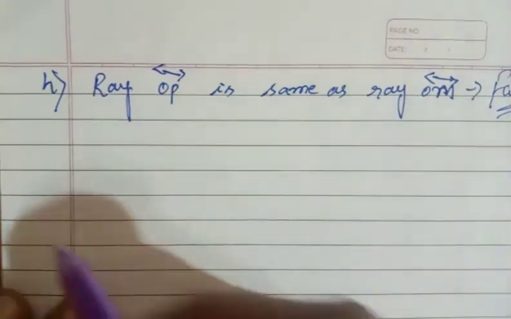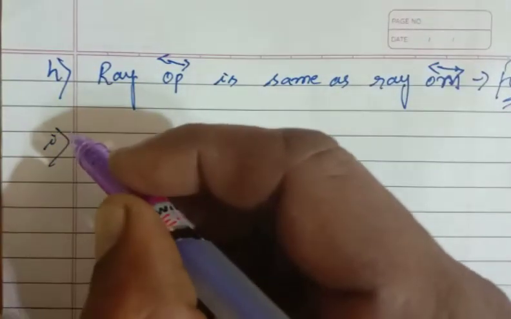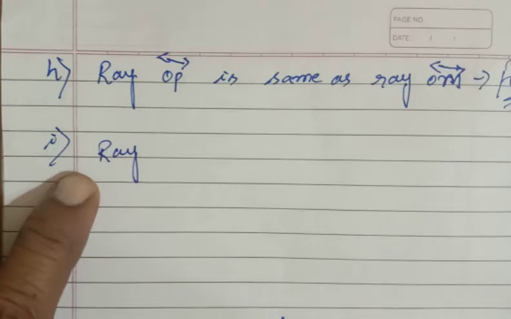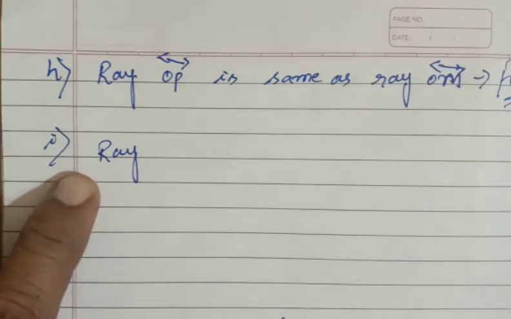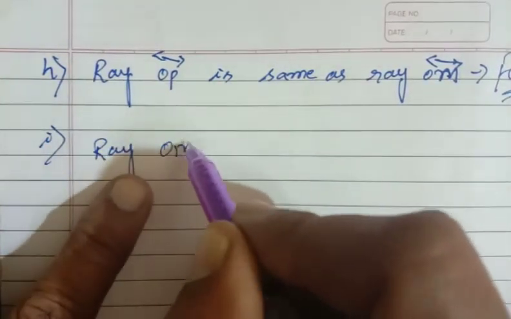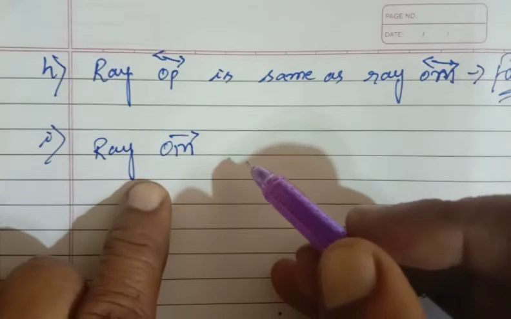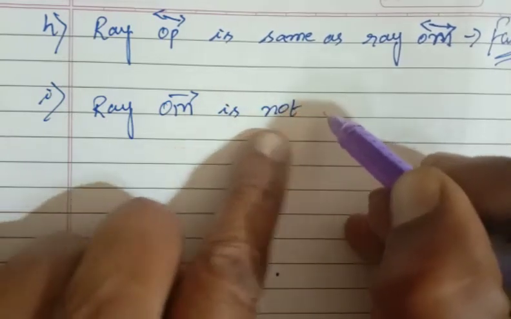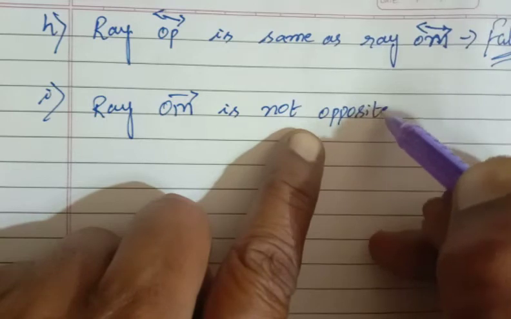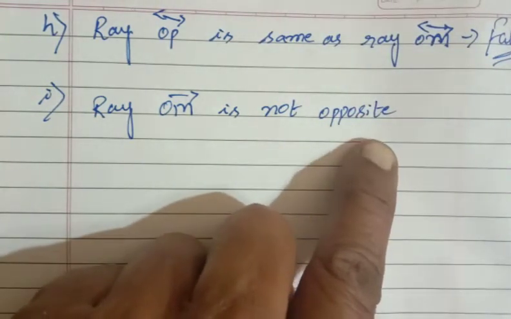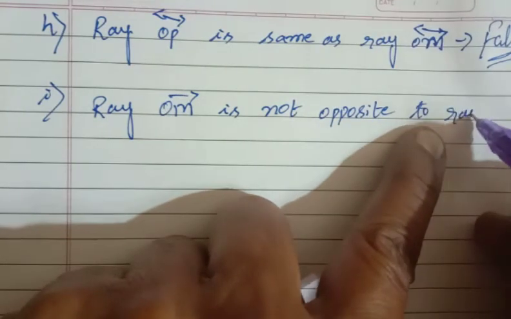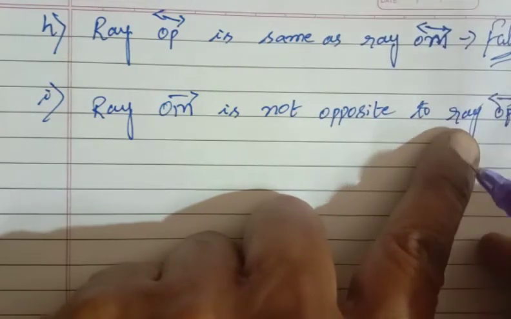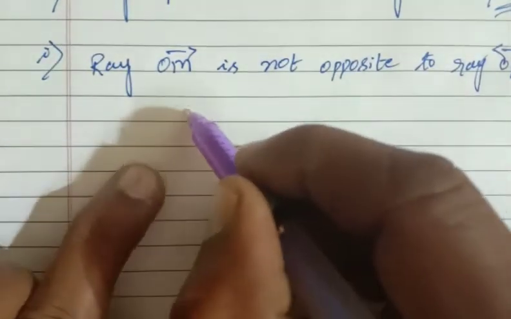Now take I: ray OM is not opposite to ray OP on the straight line. According to the statement, it is false.